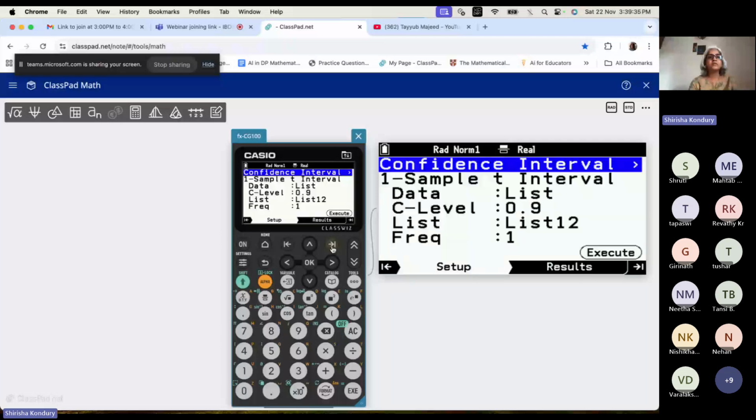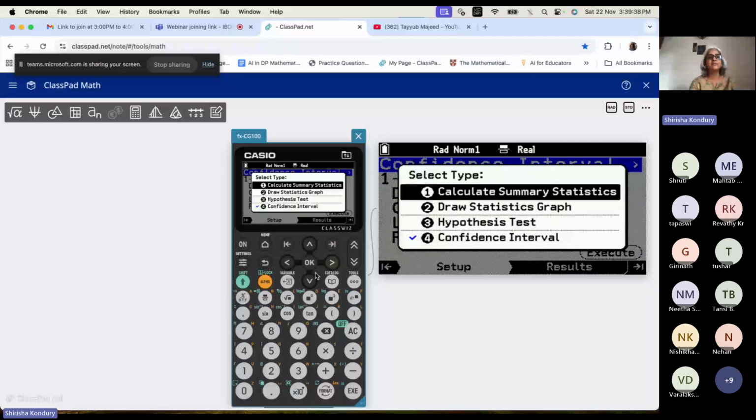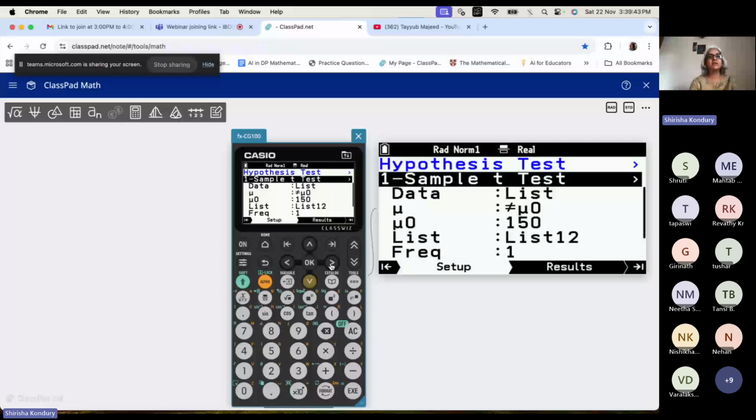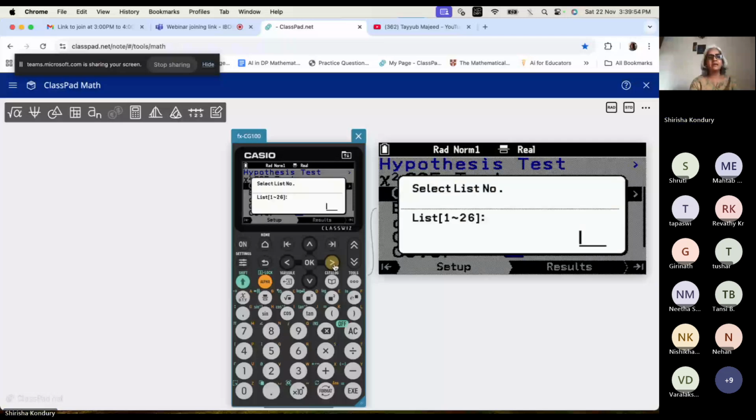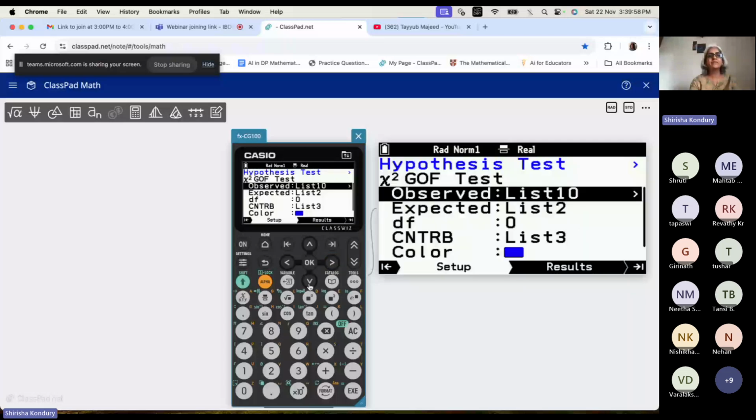So again, I'm looking at hypothesis test, and which hypothesis test am I doing? I'm doing the chi-square, and I'm doing a goodness of fit, and here I have observed in list 10 and expected in list 11.